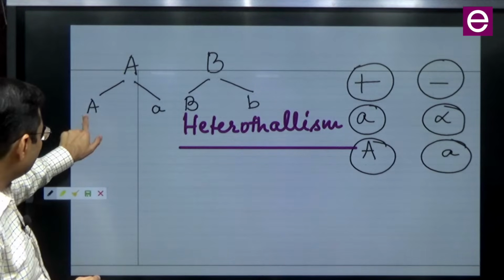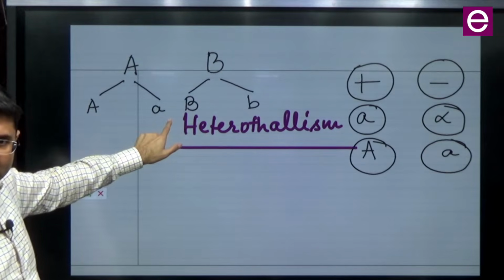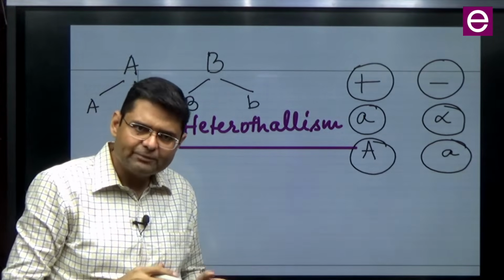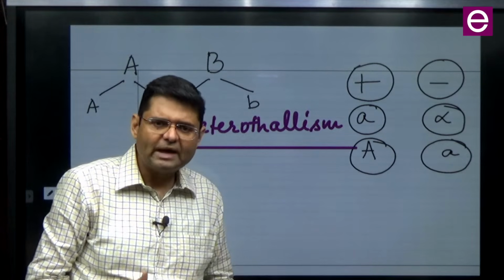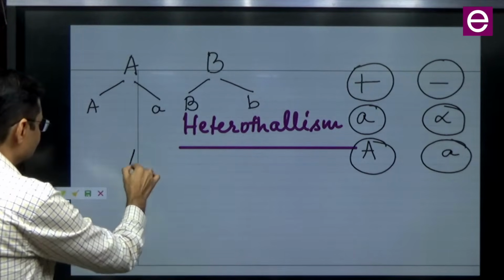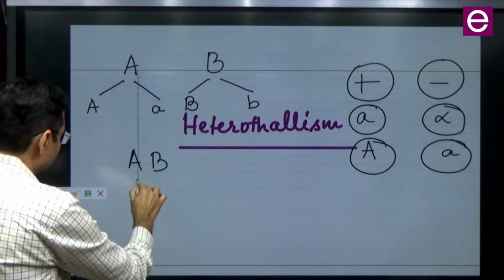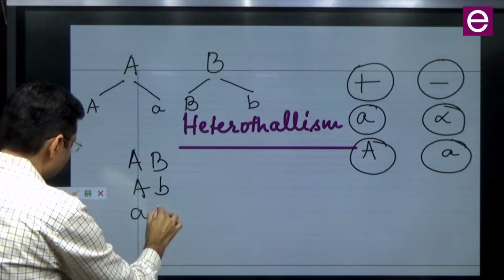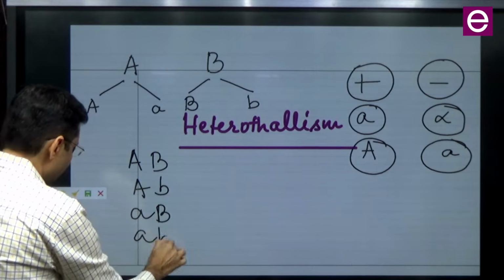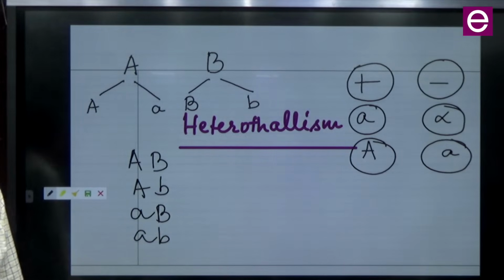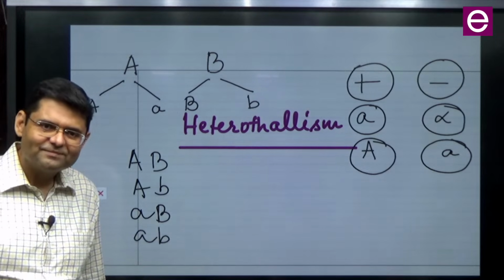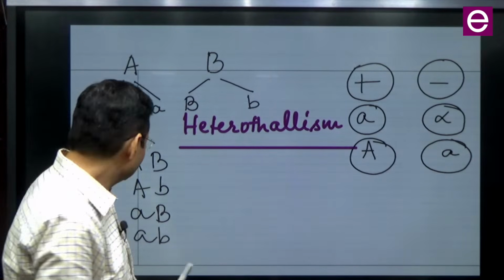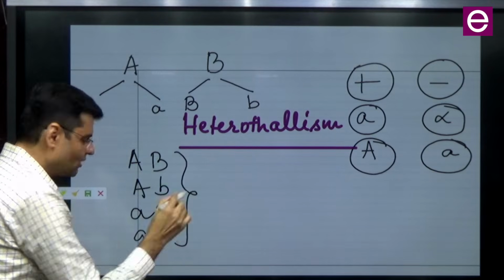Now, any one copy of gene A could be present in the same organism with any one copy of gene B. So, how many types of combination are possible? Correct? How many mating types do you see? Four. What would you call it? Tetrapolar. As many mating types, that is the so-called polarity.